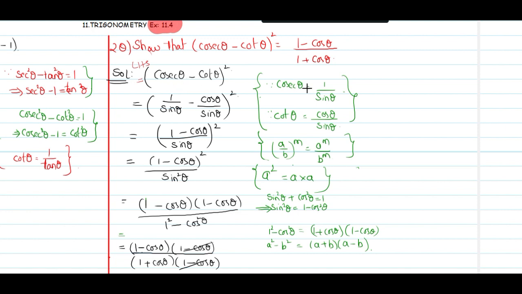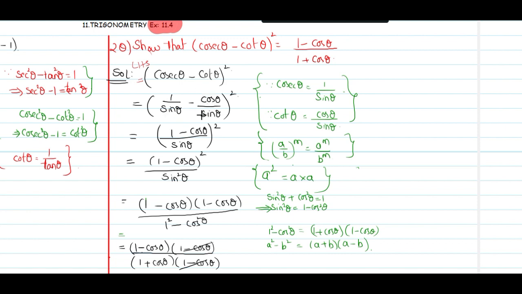So, cosecant theta can be written as 1 by sin theta, because sin theta and cosecant theta are inverses of each other, and cot theta can be written as cos theta by sin theta. So, cosecant theta becomes 1 by sin theta minus cos theta by sin theta.